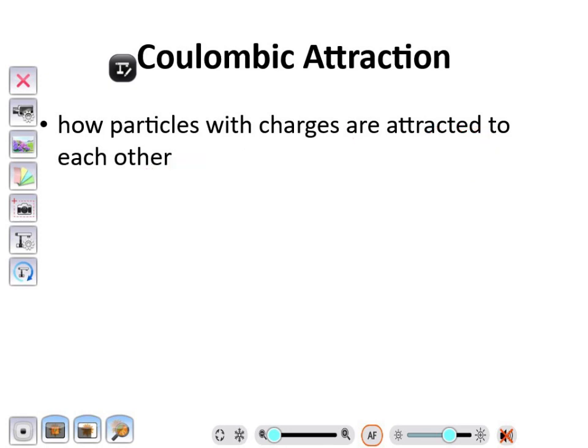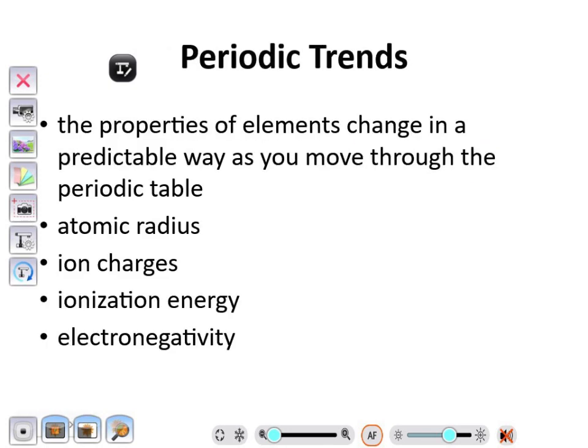Now, that leads us into talking about the periodic trends and focusing specifically today on atomic radius. So the properties of elements change predictably. You guys already knew this when we went over the periodic table. The ones that we're going to focus on are atomic radius, ion charges, ionization energy, and electronegativity.